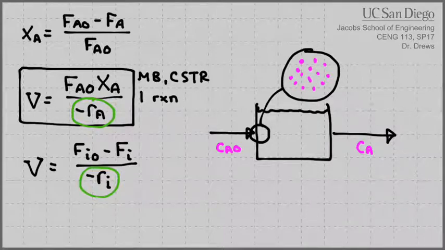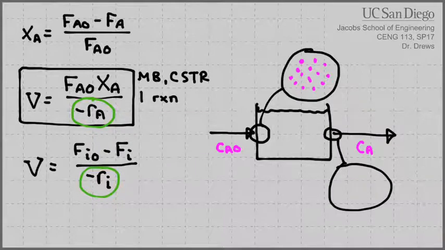But if you look at the outlet over here, this is what it looks like. They appear as dots if you zoom in. You don't have as much CA. Typically, that means there's a gradient somewhere inside here, right? You're starting off at high concentration, you're going to low concentration. That also means that the rate up here, R sub A, is going to be higher than the rate down here.